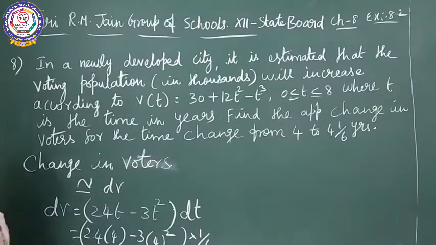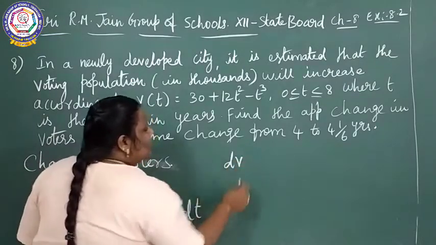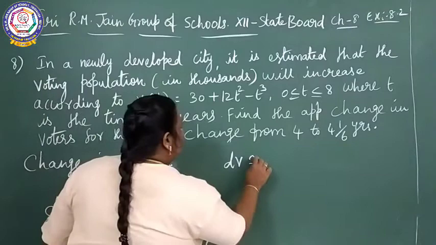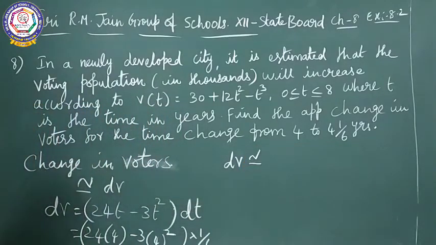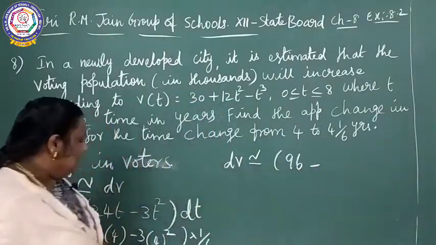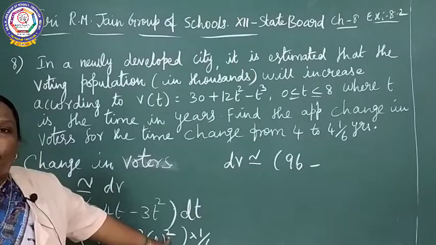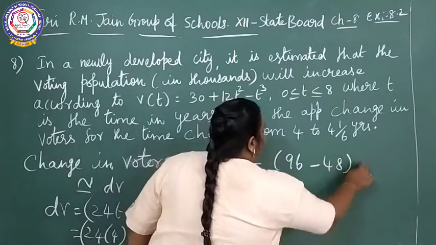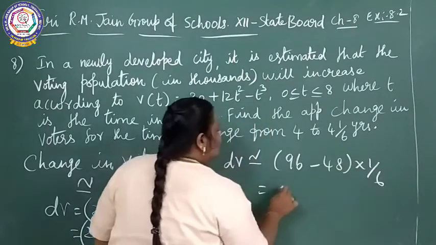So dV, the change in voters, is approximately 24 into 4, which is 96, minus 16 threes, which is 48, into 1/6.